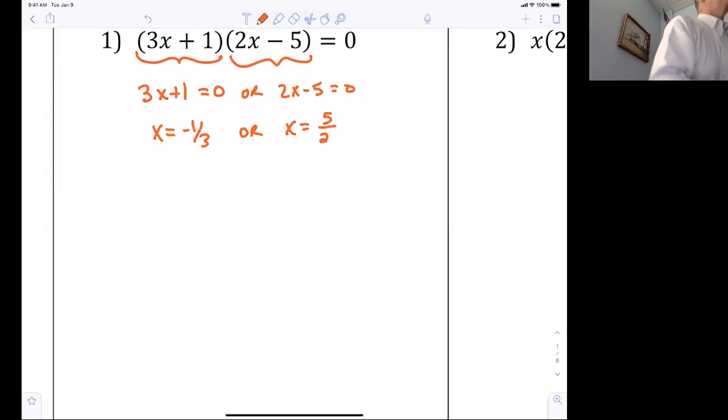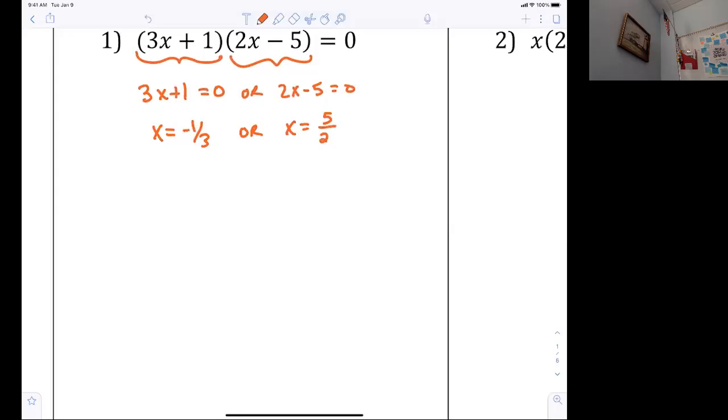We're just solving a basic 2-step equation. You're isolating the x. To isolate the x, I add 5, and then divide by 2. So the answer is 5 divided by 2, which is a fraction. Anybody have any issues with that?